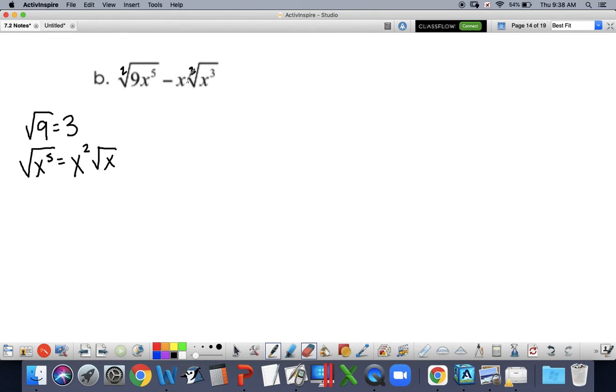Over here, I've got the x already on the outside, but I need to simplify, I'll do it down here, the square root of x cubed. That's x, square root of x. So I'm going to come back up here and I'm going to rewrite this whole problem. I kind of know exactly what the front part is of this subtraction problem. I have 3x squared, square root of x, minus, and here's what I encourage you to do.